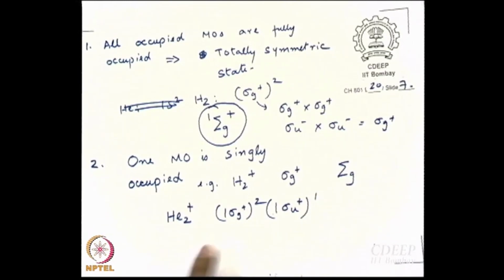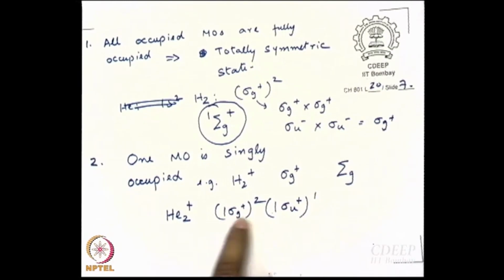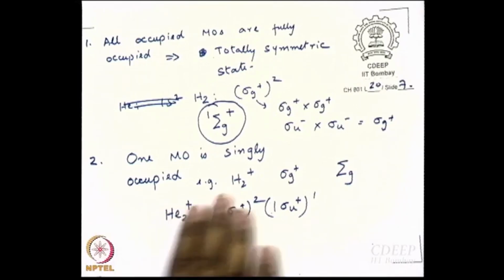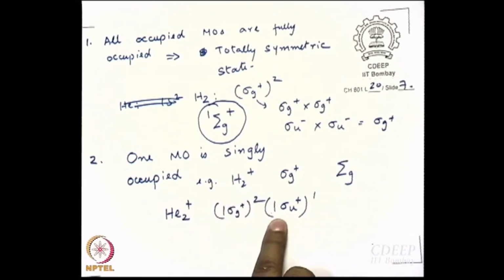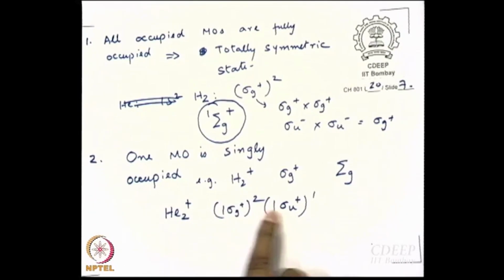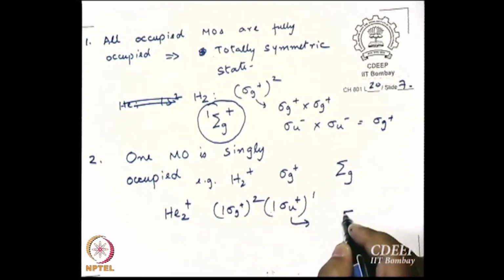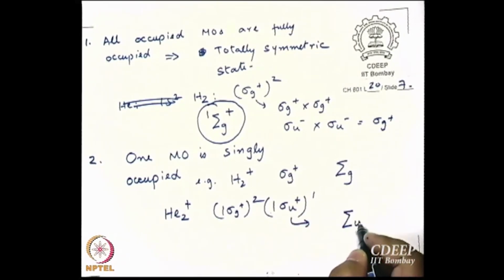Now, what happens? What is the direct product of sigma g plus and sigma g plus? Sigma g plus, that is like multiplying by 1, you do not even worry about it. You only worry about this. Only one electron is there, right? So, there is no question of taking a direct product. So, whatever is the symmetry of the orbital is the symmetry of the state. The symmetry of the state is then sigma u plus.